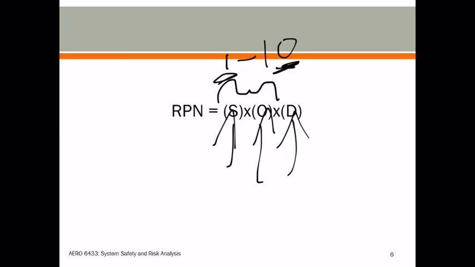High severity is 10, high occurrence likelihood is 10. Low severity is 1, low occurrence likelihood is 1. In detection, 10 is low detectability. In other words, it's almost uncertain detection. And 1 for detectability is highly able to detect the failure. The next step we're going to get into is how these criticality numbers apply to the FMECA analysis.